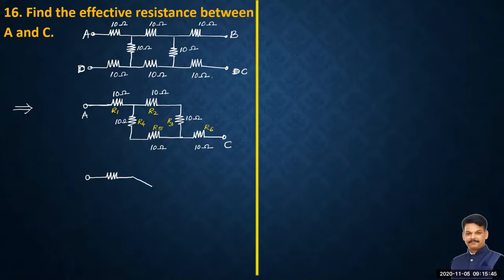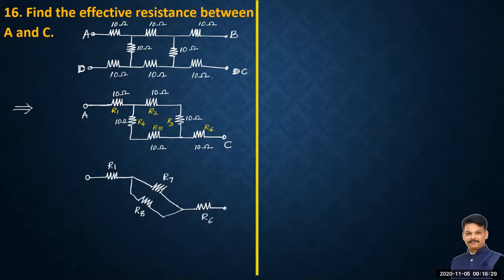So one resistor will come like this, and another resistor you can consider in this path. See, this is R1, this is R6. Instead of R2 and R3, we can consider R7, and instead of R4 and R5, we can consider R8. Now again, R7 and R8 are in parallel.